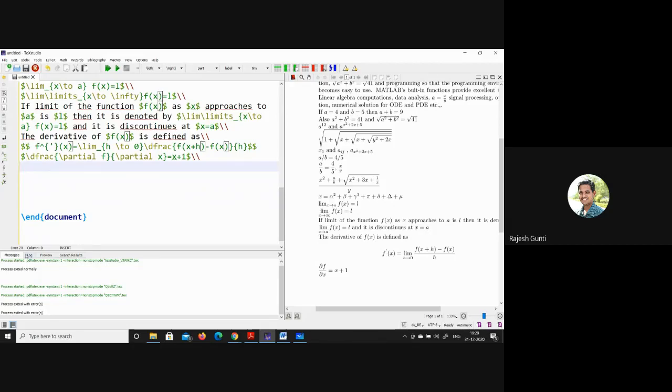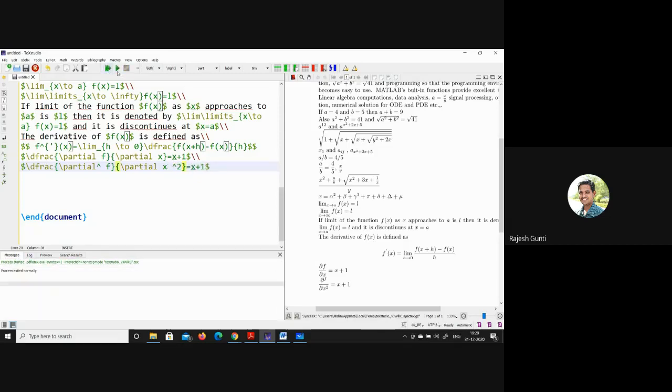Okay. Partial dou square f by dou x. Dou square f by, so Control V. Partial dou square f by dou x dou y. Dou square f by dou x square, for example. First we do this like this. Dou x square. Right? Like this. Square, no? Dou square. I forgot to take two. Dou square f by dou x dou y.